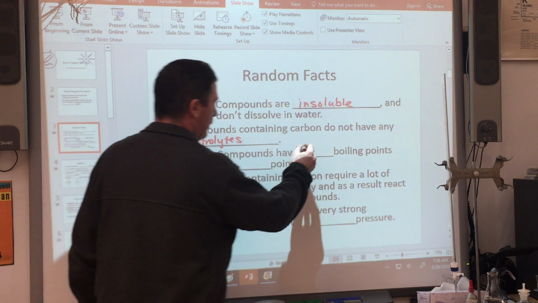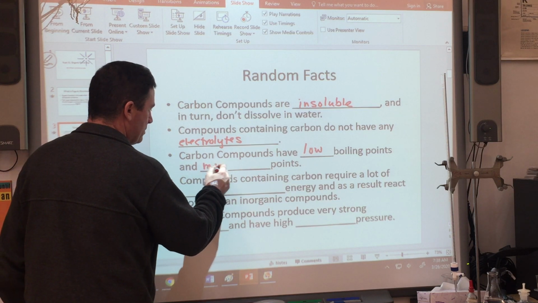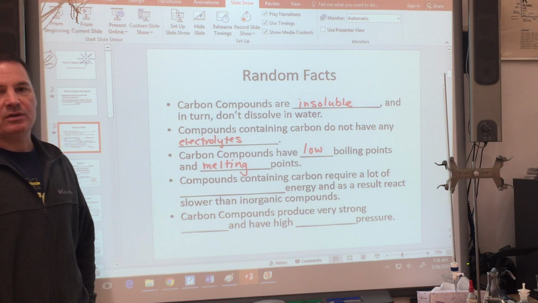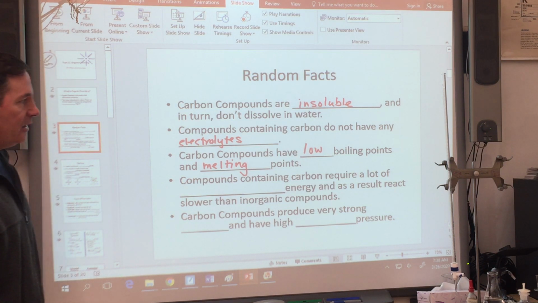They also have low boiling points and melting points. Now remember that low is a relative term, so you'd have to compare it with something that has higher boiling points.